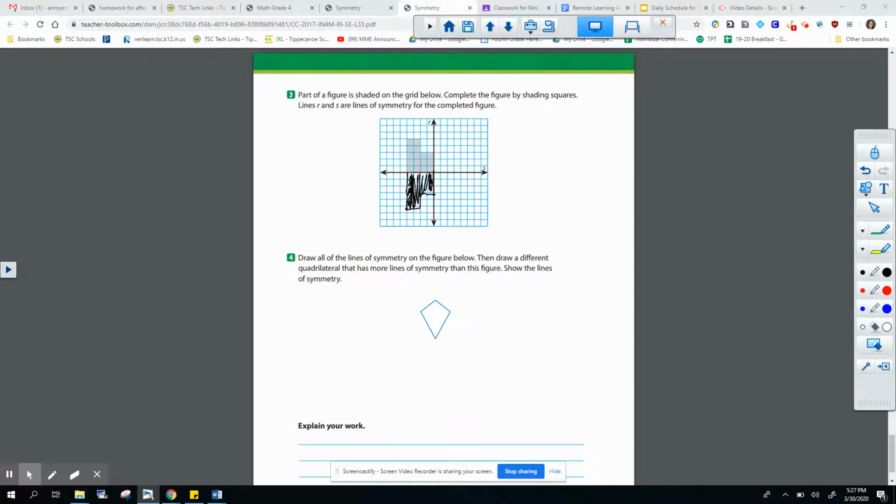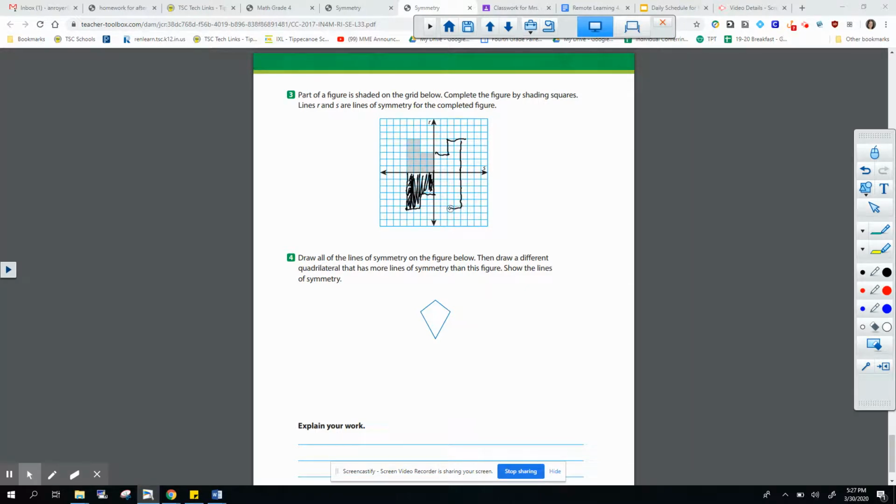And then I'm going to do the same thing on the other side. So I'm going to go over 2, and then I'm going to go up 2, I'm going to go over 2, then I'm going to go down 1, 2, 3, 4, 5 to the line, and then I'm going to keep going 5 more for the bottom. 1, 2, 3, 4, 5.